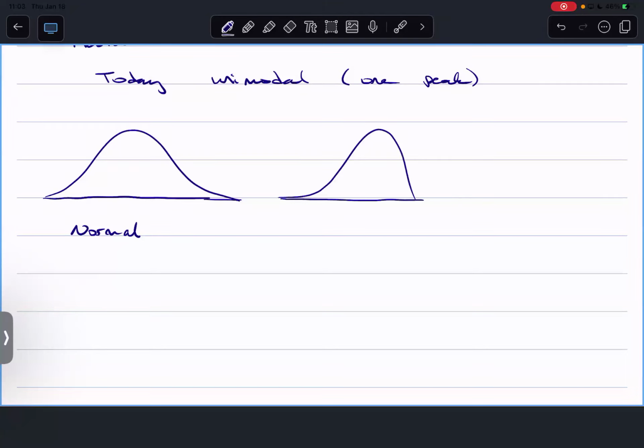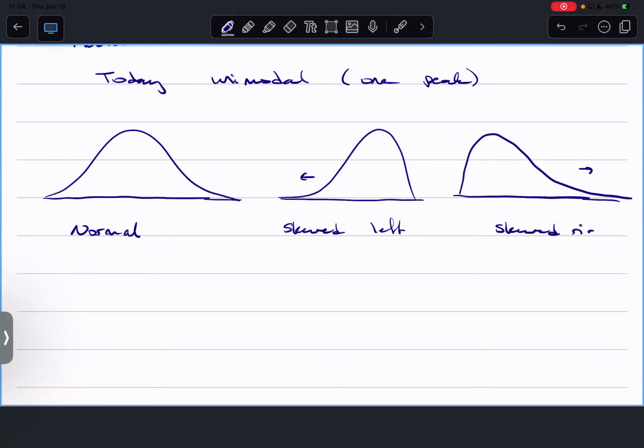Skewed, nice. Skewed left in this case. I'll do a better tail on the right skew. There. All right, skewed right. Skewed in the direction of the tails.